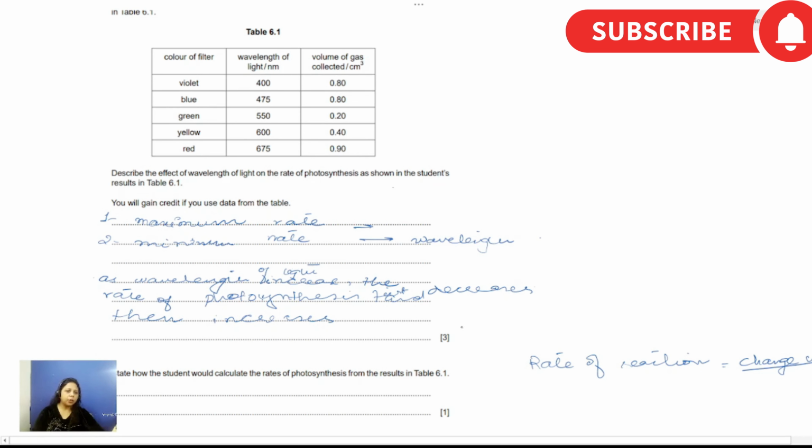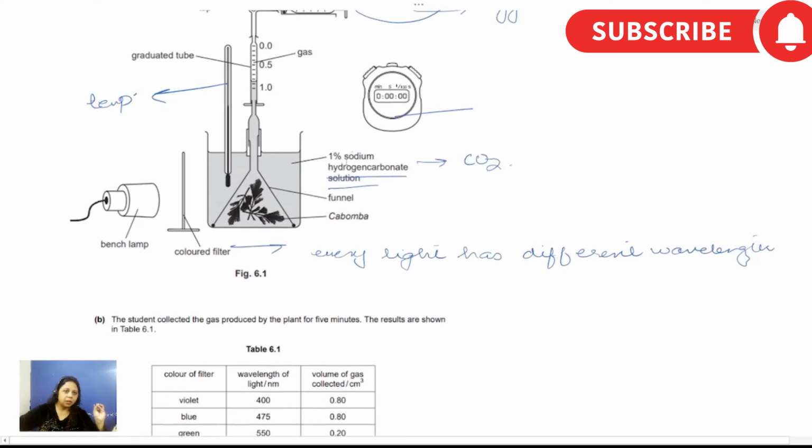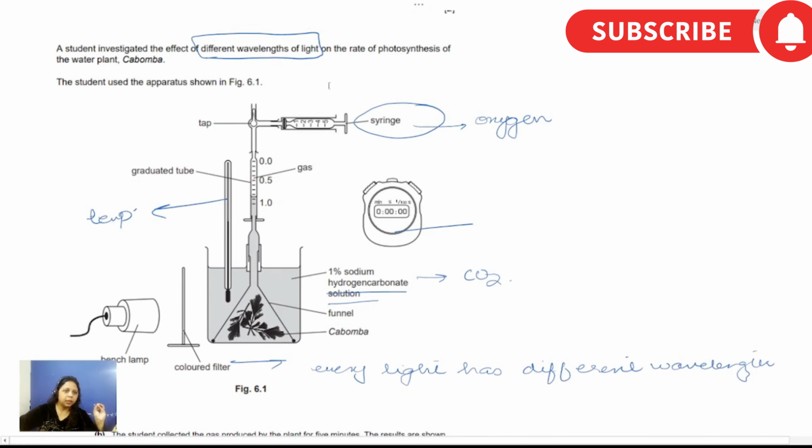Here we are talking about the oxygen, so we are detecting a change in volume over time. So this is how we are calculating the rate of reaction. Have they given us any certain period at which they are calculating?